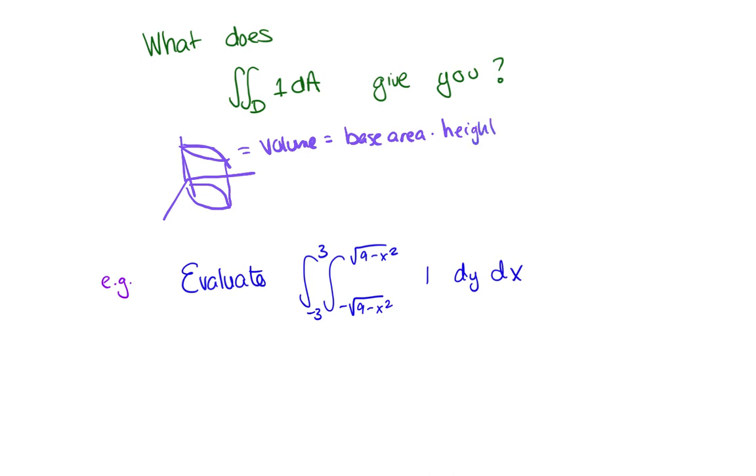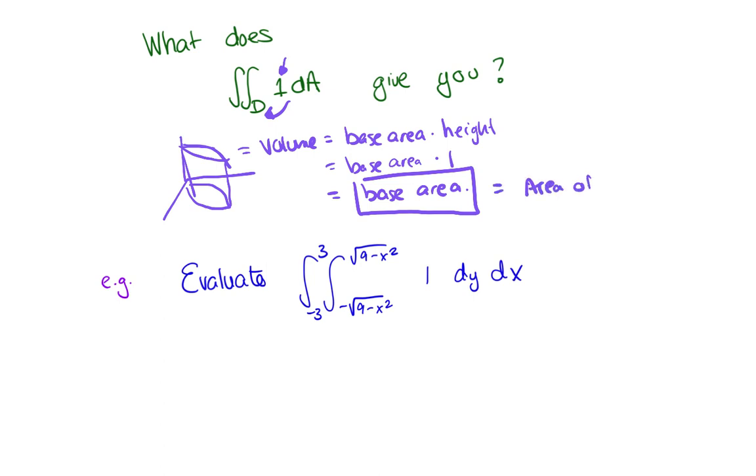But here, that height is always just going to be 1 because the function I'm integrating is 1. So I am just going to get that nice base area. So when I'm integrating the function 1, I do get area of D, the area of that domain. So that's really important to remember.